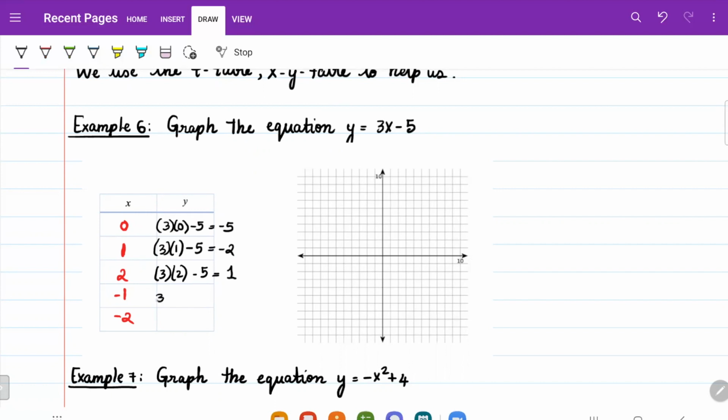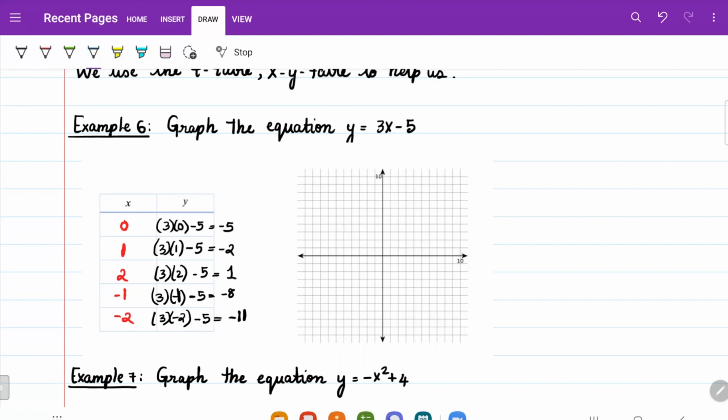Then we have 3 times minus 1 minus 5. This 3 times minus 1 is negative 3. Negative 3, minus 5 is negative 8. And then we have 3 times negative 2, minus 5. 3 times 2 is 6, so this is minus 6 minus 5, which is minus 11.